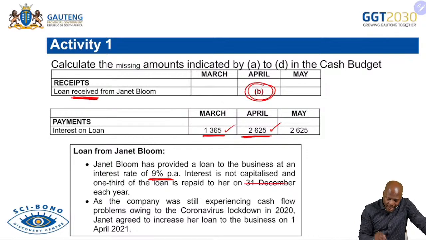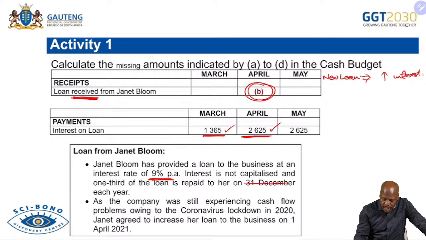We simply have to understand that we received a new loan. So I'm going to call it the new loan. We received a new loan amount. That new loan amount has led us to getting an increase in interest. All right? An increase in interest.